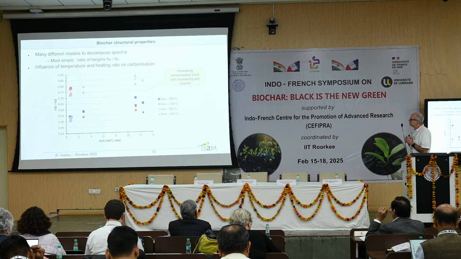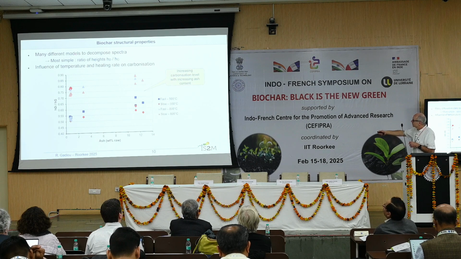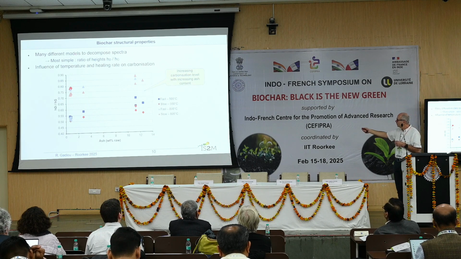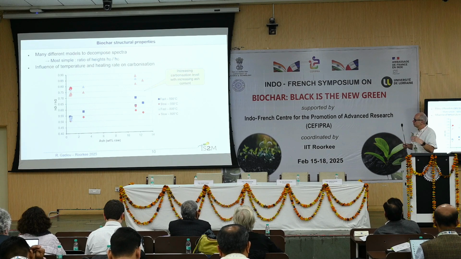So we increase this ratio, so it's okay, this is well known. We see also that there is some effect of the heating rate, which is more complex to analyze, of course, but we see that we go from fast to slow. Fast is nearly 50 Celsius degrees per second, and slow is 10 degrees per minute.